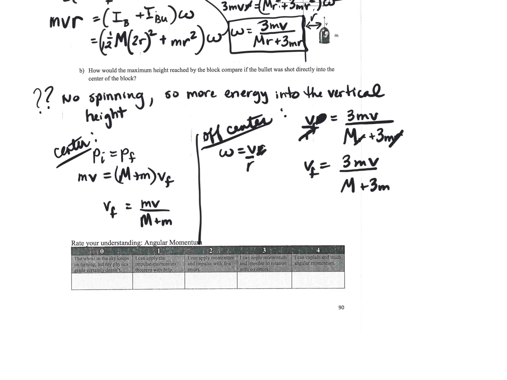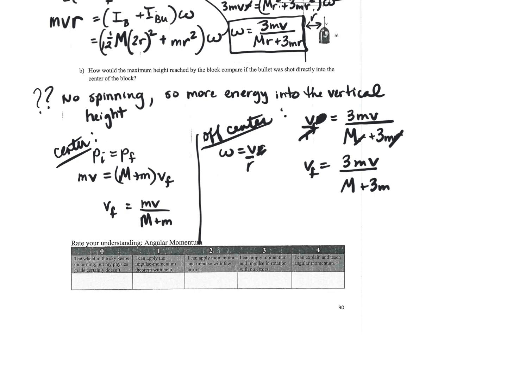Here's the thing. Where you have angular momentum, it is conserved. Where you have linear momentum, it is conserved. They're two completely different things. You have to separate them. They're conserved separately. So is the linear momentum still going to be conserved in the off-center one? Yes, it will. Believe it or not, the linear momentum is still conserved.